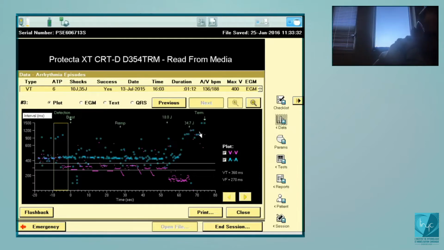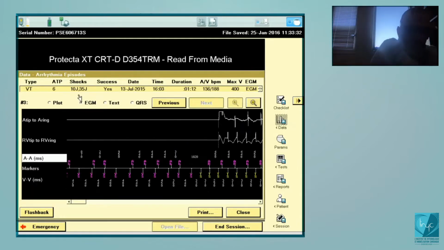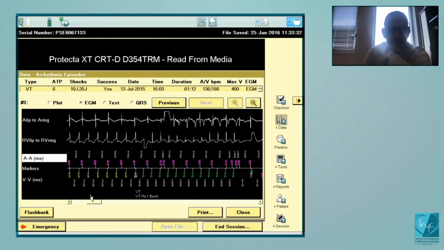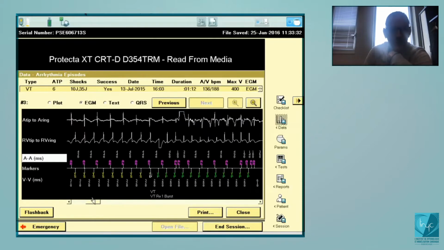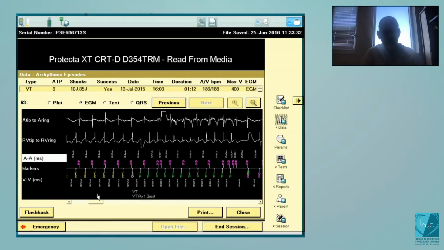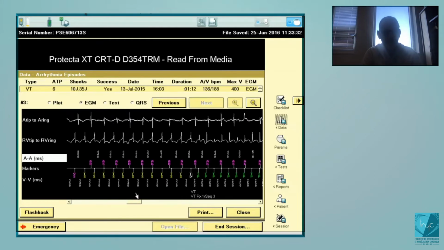Okay, so now if you click on the EGM, please. So initially, we're going to be very brief on this. Just after, it seems that there is an acceleration inside the VT zone. So a first therapy burst, and then a second burst, and then if you go up to the end of the episode, and the first shock, if you don't mind.